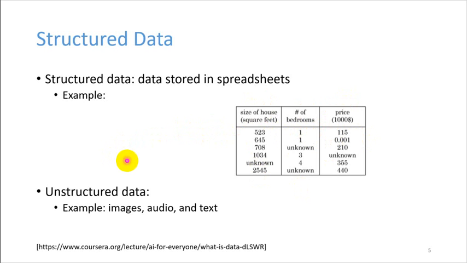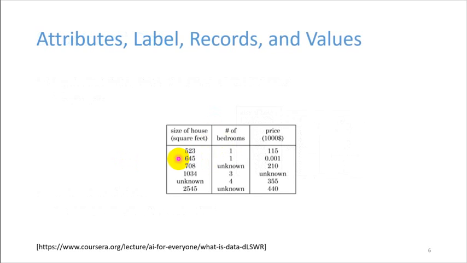There is also another type of data called unstructured, and data such as images, audios, and text can be considered unstructured data. In this distributed ERT, we are going to address structured data only.